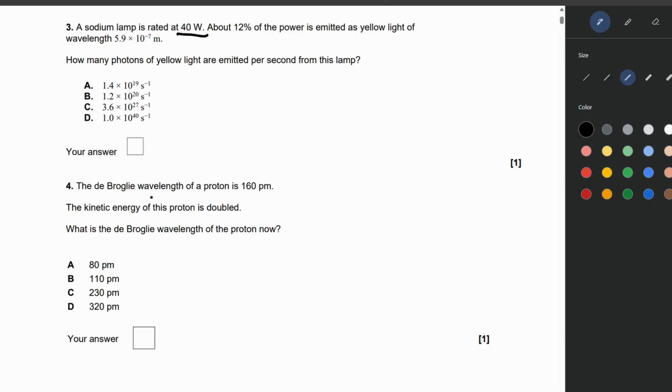So 12% of the power is emitted as wavelength, 12 over 100 times the original wavelength, equal to 5.9 times 10 to the minus 7.